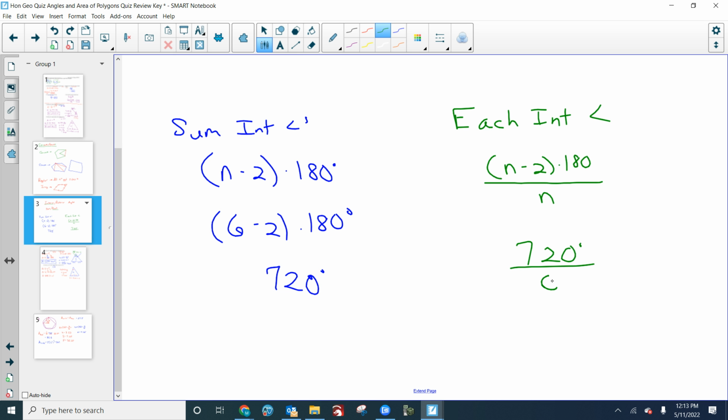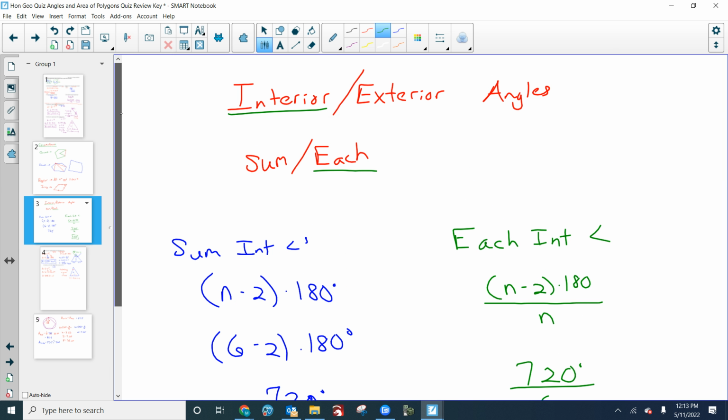Divided by 6. And each one is 120 degrees. Does that make sense, the difference? So I just made that up, second period. Kind of like classifying, like, okay, is it interior, exterior, is it sum, or is it each, right? So let's do another one.